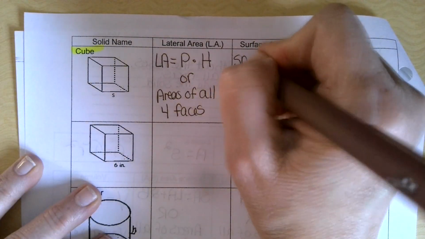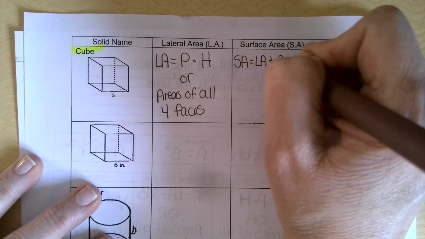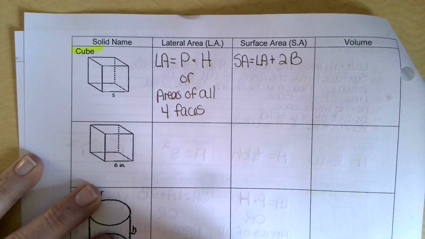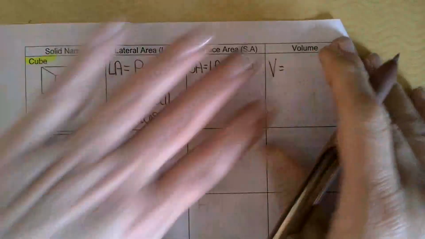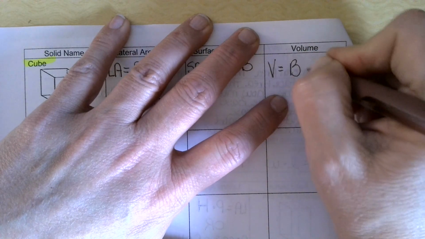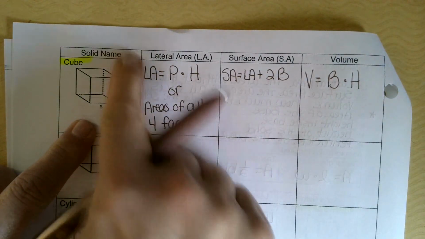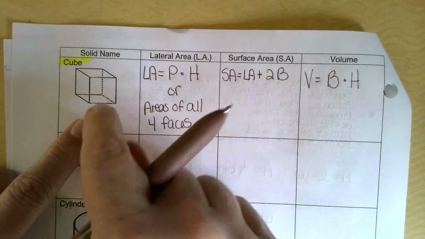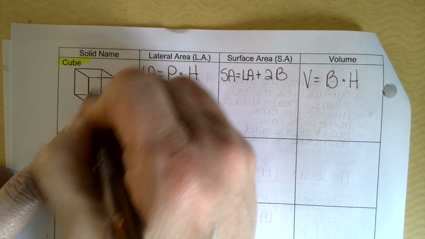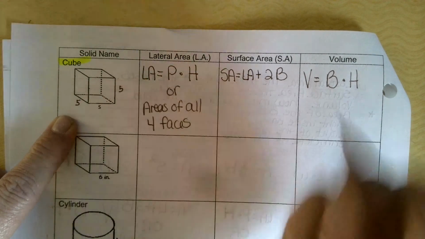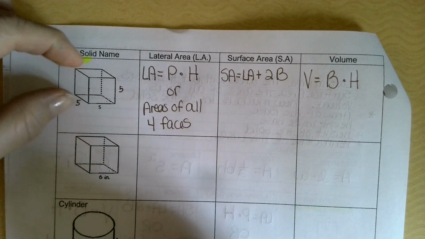Surface area is going to be the lateral area plus 2 times the area of the base. Volume, now it is the area of the base times the height. But if you think about a cube, it's the same thing as a rectangle, length times width times height. It's just that they're all the same. So in a cube, everywhere we've got 5s. Okay, there are 5s everywhere. So all the edges, all the pieces are all the same.